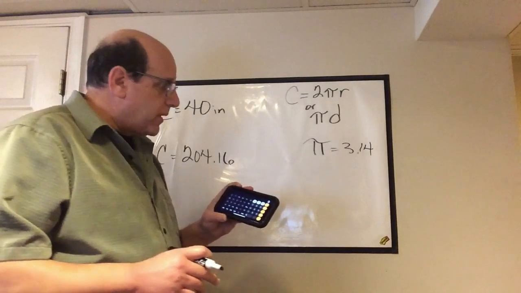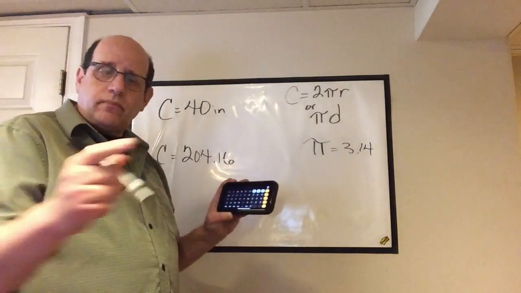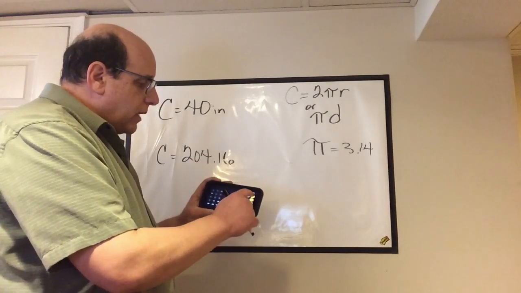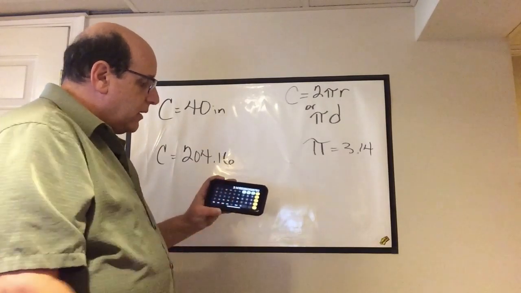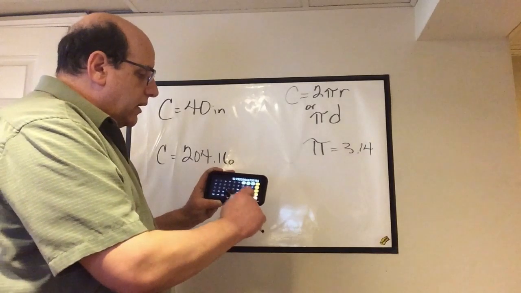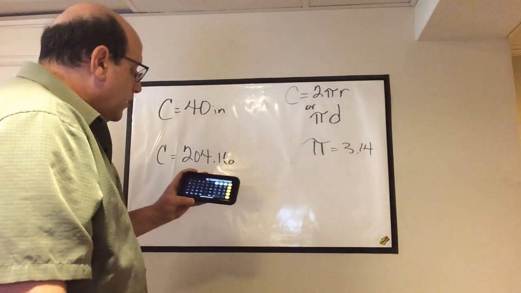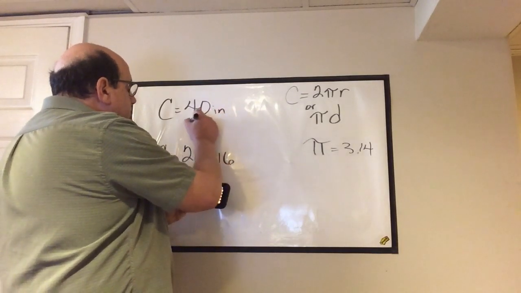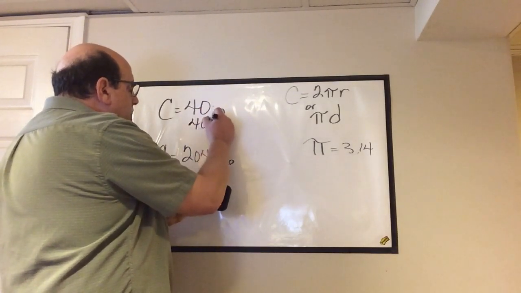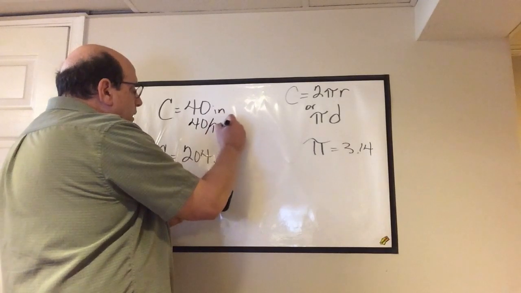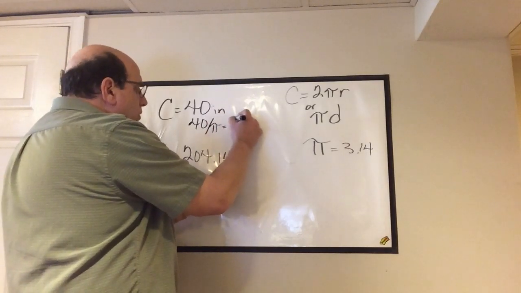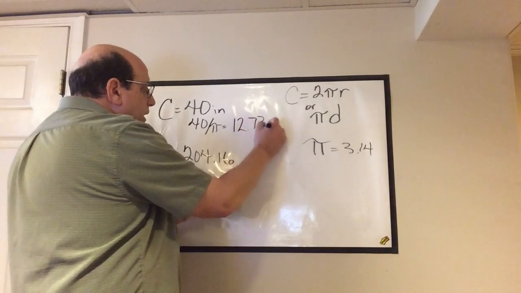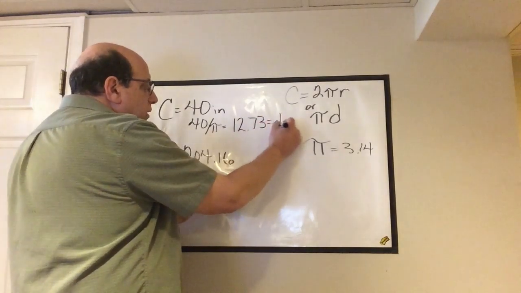I'll show you both. But the first one, I'm just going to take 40 divided by pi, and then hit the equal button, and 40 divided by pi is equal to 12.73, and that's equal to the diameter, right?